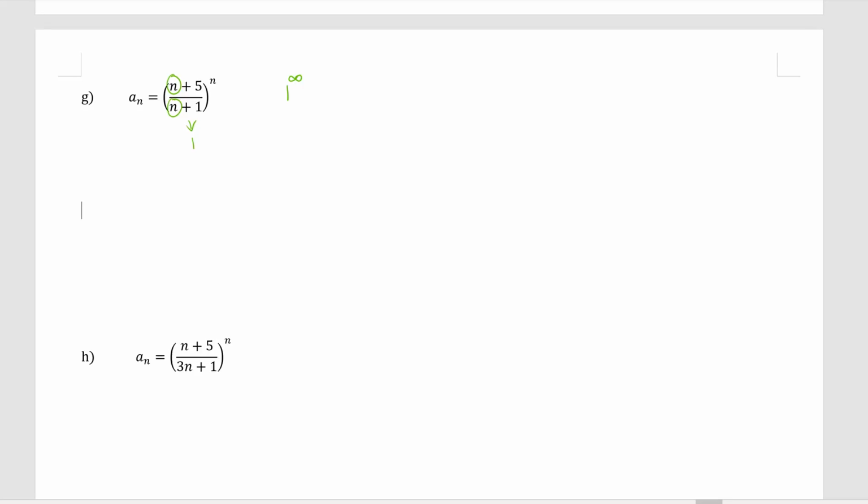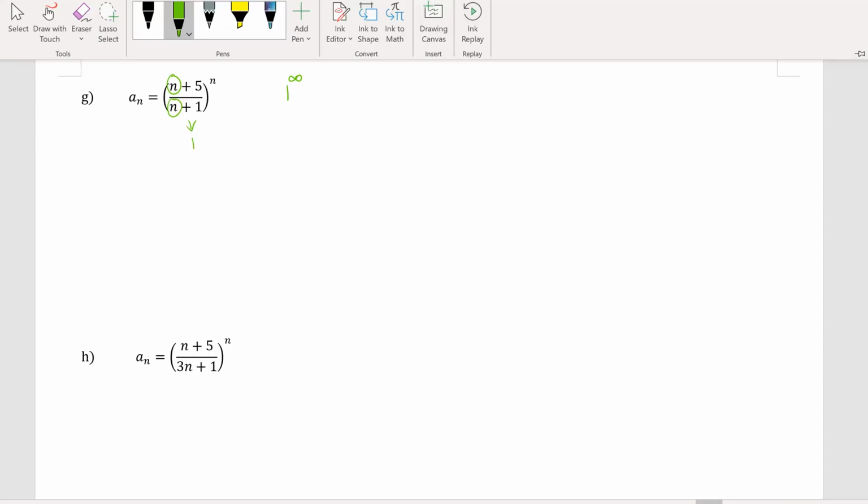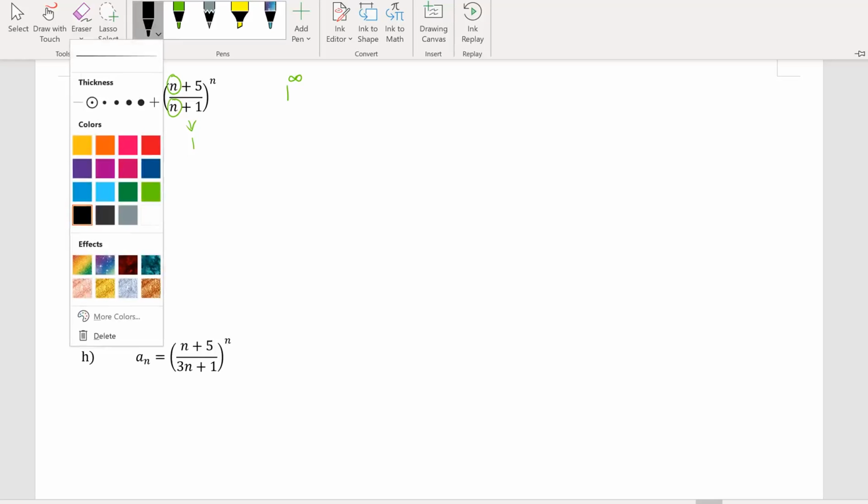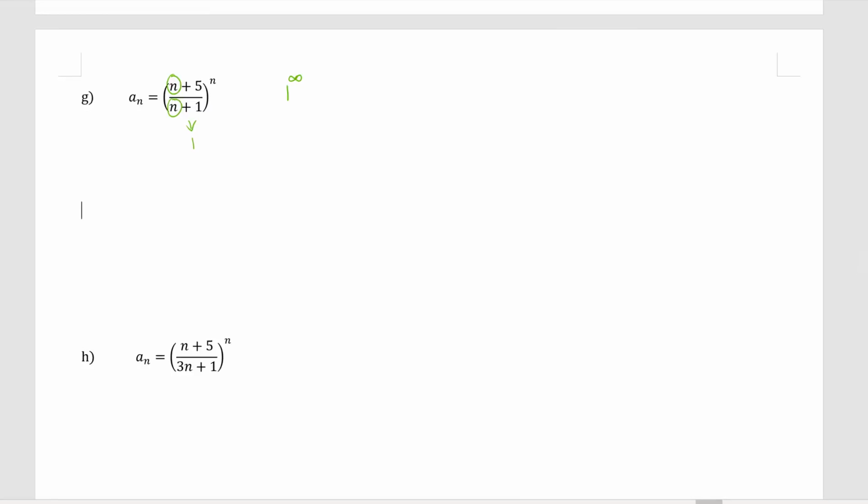So when we see those types, 1 to the infinity, 0 to the 0, infinity to the 0, we use L'Hopital's rule. How it works is first, we apply natural log on both sides.